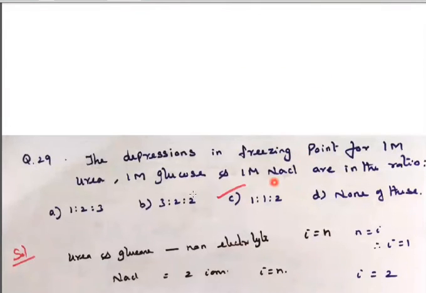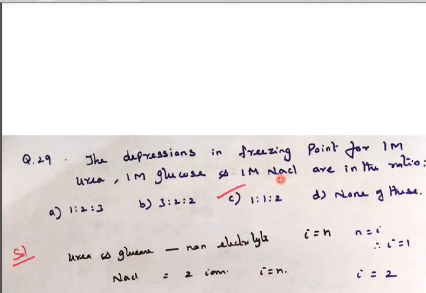Next: the depression in freezing point of 1 m urea, 1 m glucose and 1 m sodium chloride is in the ratio. It is 1 molarity of urea, 1 molarity of glucose and 1 molarity of sodium chloride. We know 1 m urea is a non-electrolyte, so i is 1. Glucose is a non-electrolyte, i is 1.